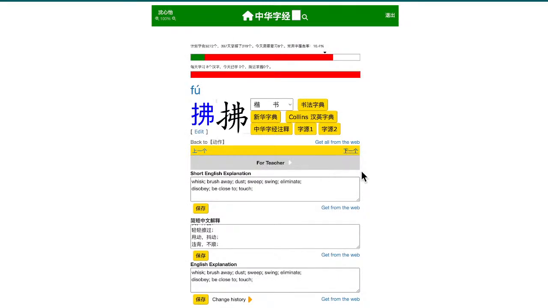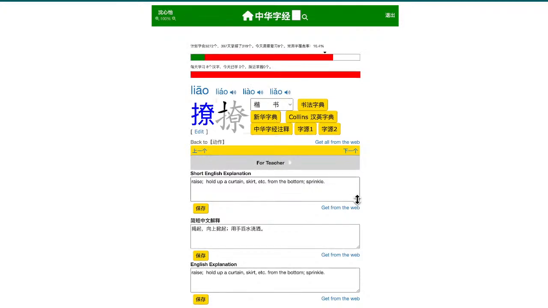Next one, 撩. Now this one you can see has all 4 tones. The first one is liāo. When you pronounce it as liāo, it means raise, hold up a curtain or skirt, things like that, from the bottom.